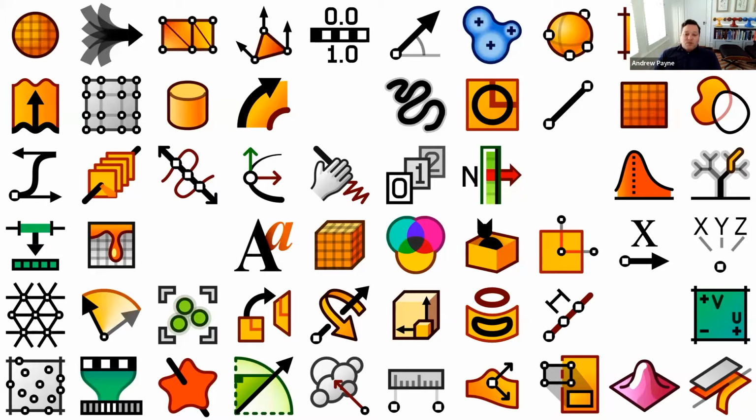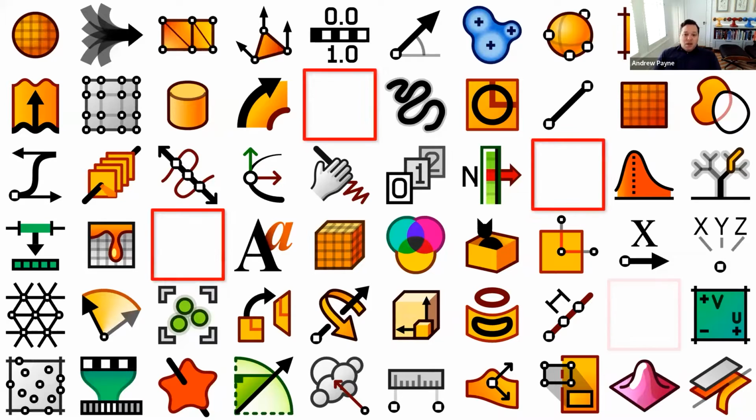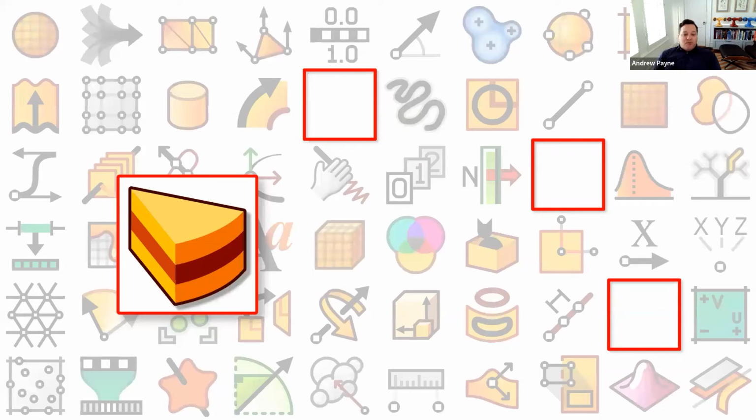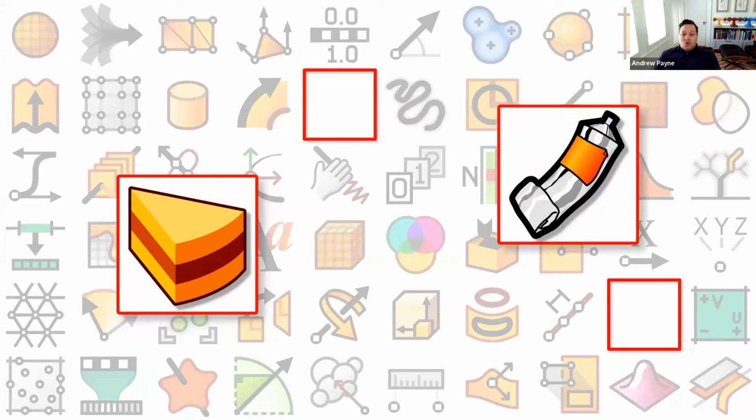But if you used it for any significant amount of time, you may have run into one or two issues where you notice that there's maybe a gap in the existing tool set, that it's not quite complete. Most of the stuff is there, but it's not quite as complete as it could be. For example, Grasshopper 1 has no notion or understanding of what a Rhino layer is, or a Rhino material for that matter.